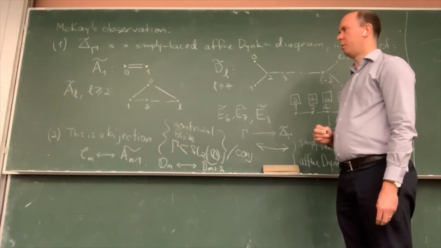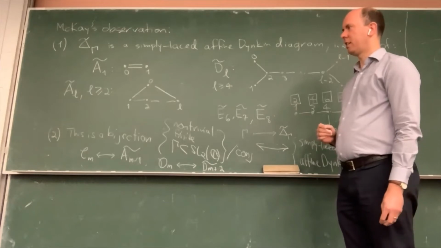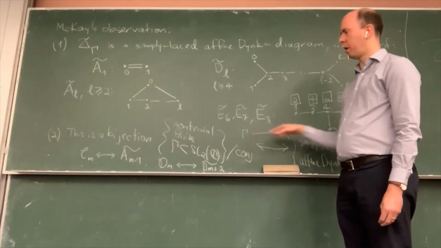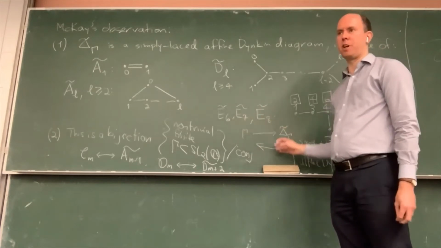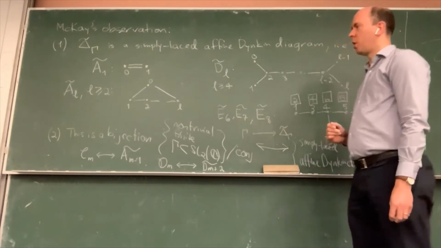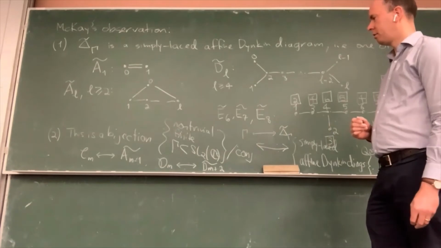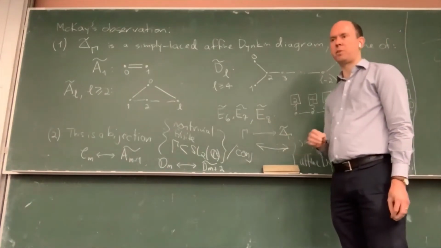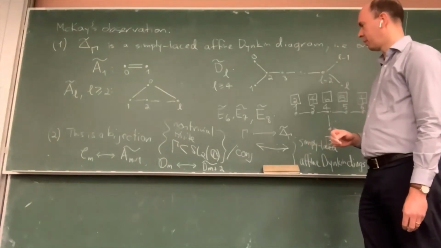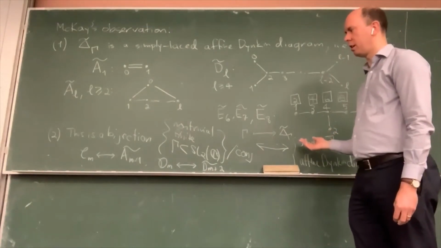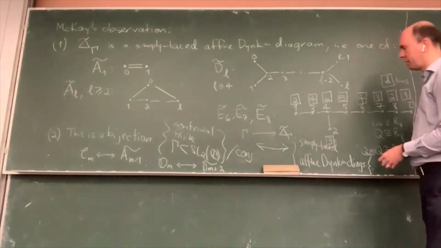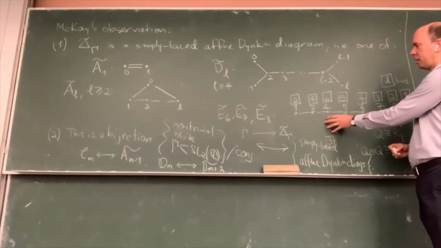If you wanted to do that, and I'm not saying that it would necessarily be worth doing, you would certainly need a better understanding of why there's a bijection than just saying we've classified both sides and they line up. So that has motivated various people to try and understand this bijection in more conceptual terms, in particular to think about how you can conceptualize the inverse, starting with an affine Dynkin diagram like this E8 tilde diagram here.